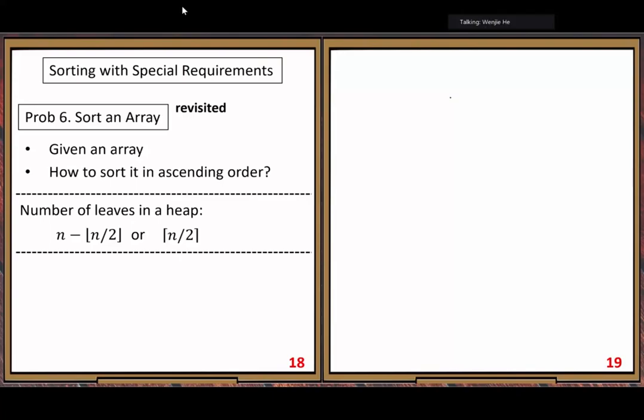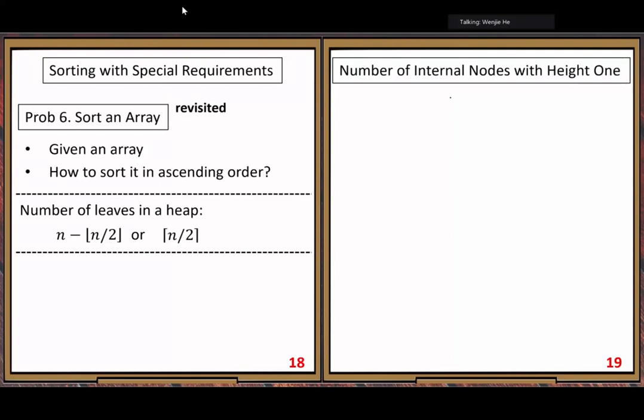We go through all the possible local triangles. For that reason, we need to calculate how many local triangle processings we have done. So next step, number of internal nodes with height 1. So we move one level up, height 1. Here, let me recall or clarify the concept of height.